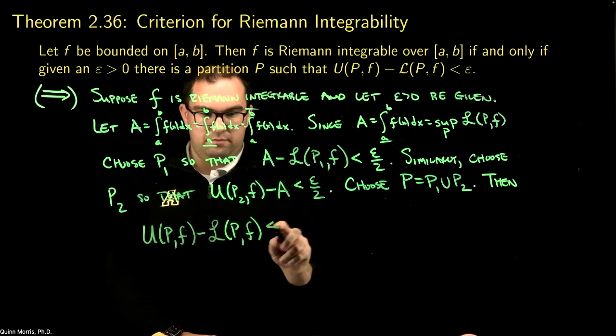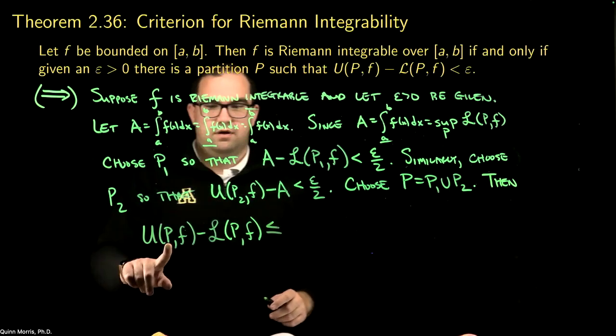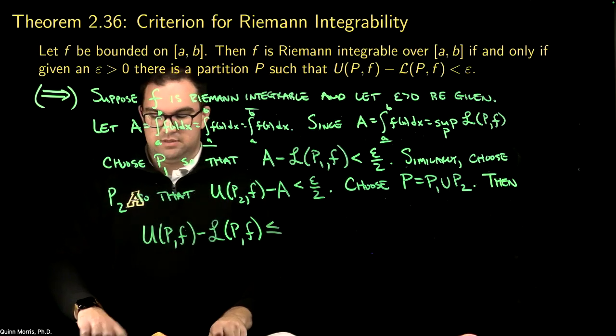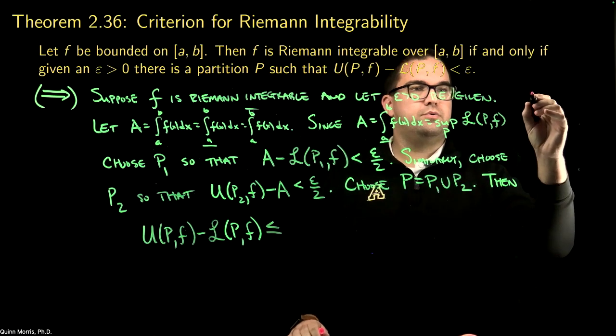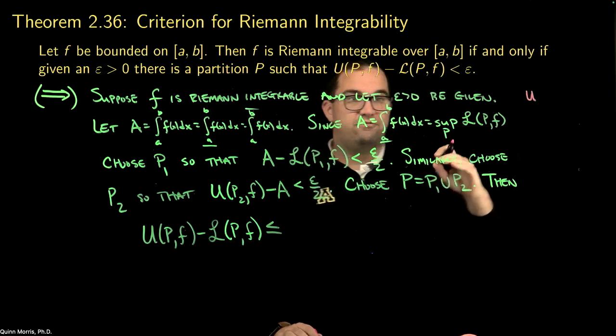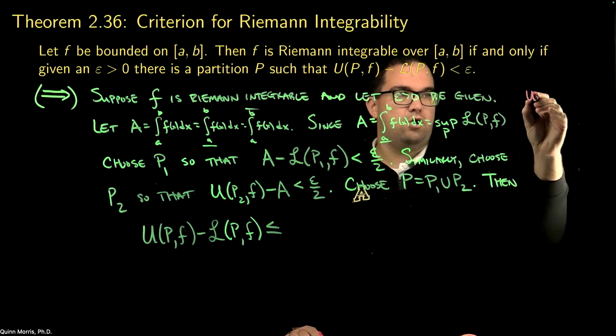Well, first of all, P is a refinement of P2. And so since P is a refinement of P2, we must have that the upper sum, remember, as we refine partitions, our upper sums get smaller.